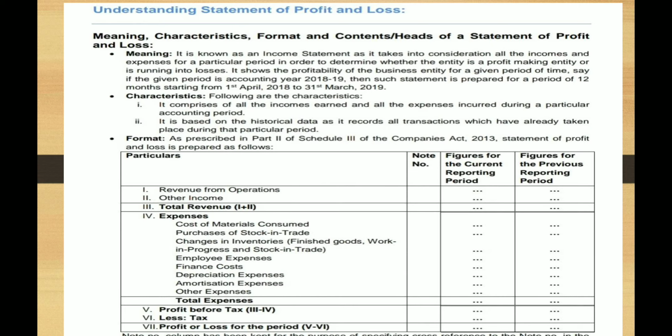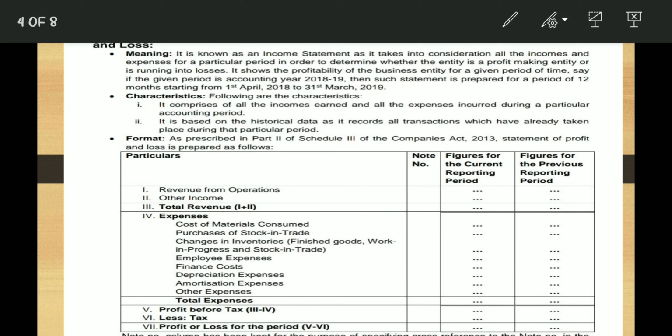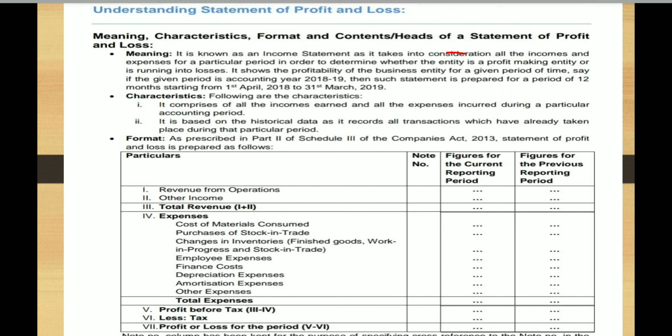Now, we discuss the new format of profit and loss account. It is also known as income statement, as it takes into consideration all the incomes and expenses for the particular period in order to determine whether the entity is a profit making entity or is running into losses.